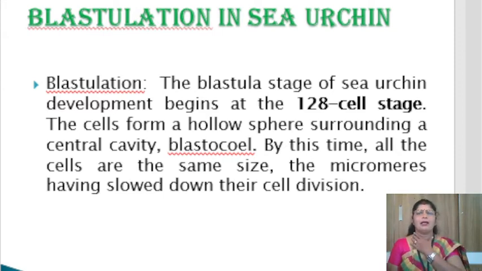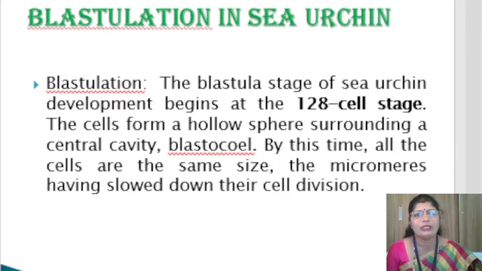Then the blastula will form after cleavage. Here in sea urchin, after the 128 cell stage, the blastulation will start. Once the cells become 128, the central cavity, the blastocoel, will start to form. So blastulation starts from the 128 cell stage.